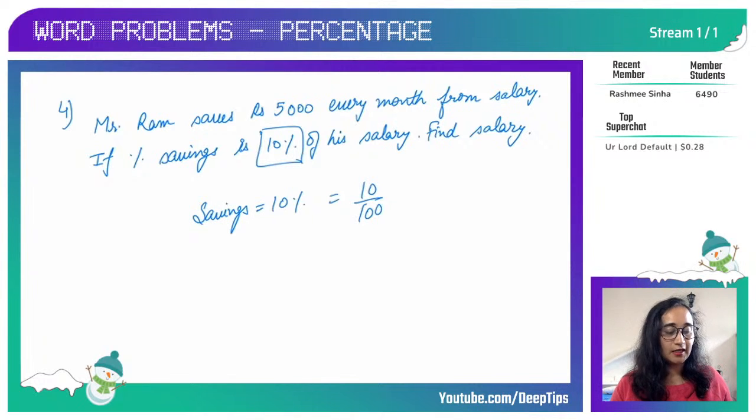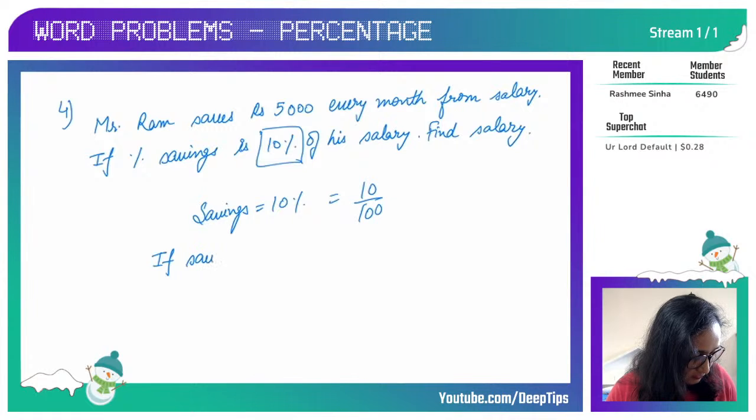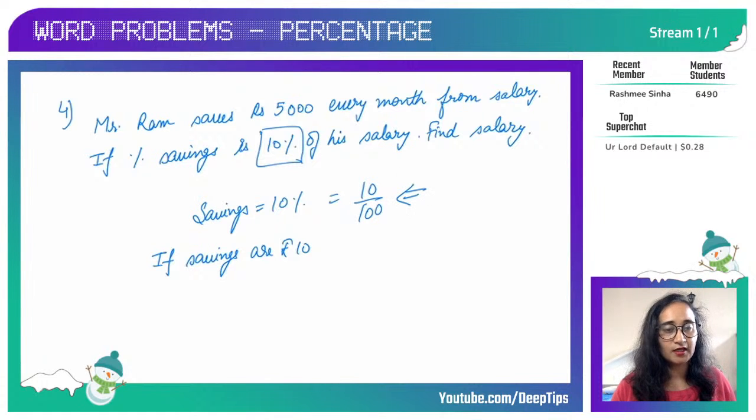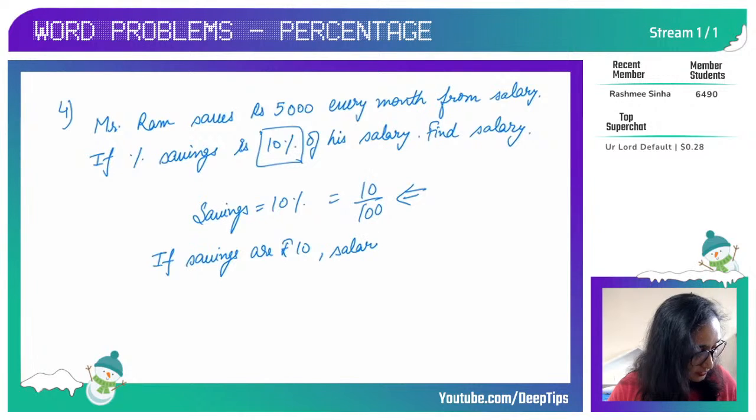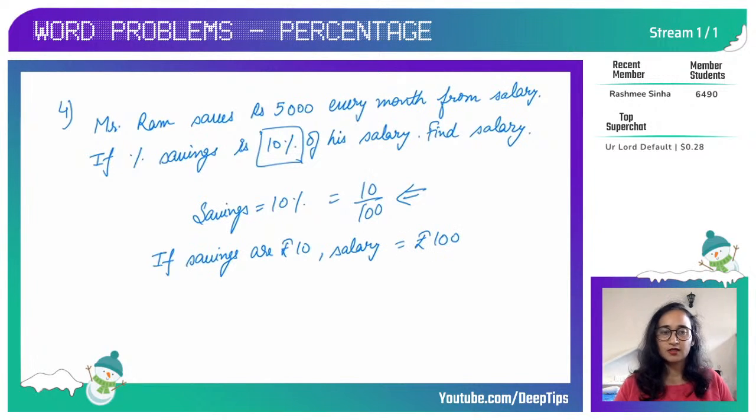So I will keep his salary on the right hand side. So how do we write? If savings are rupees 10, I am considering this 10%. 10 by 100, that means if salary is 100, savings are rupees 10. So I am writing if savings are rupees 10, salary of Mr. Ram is rupees 100, correct?